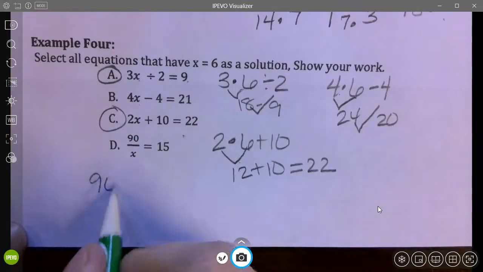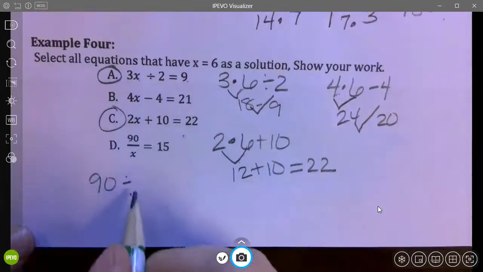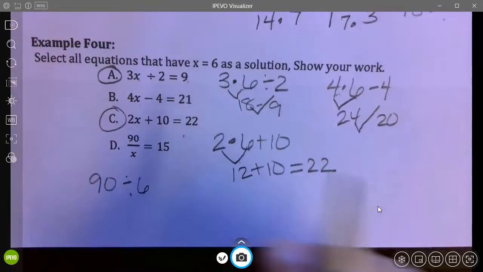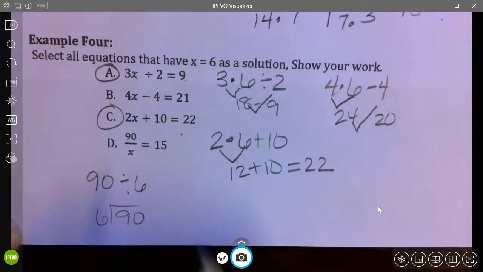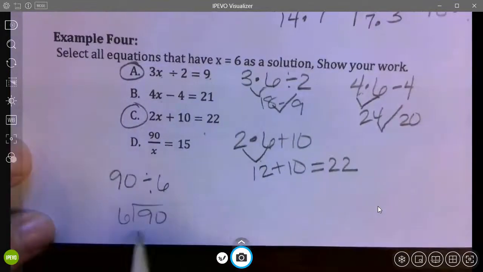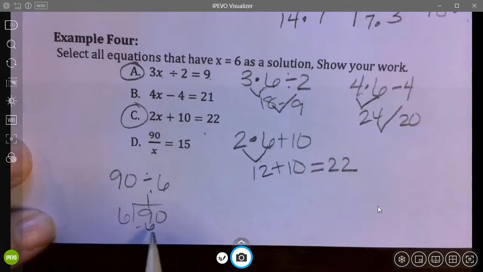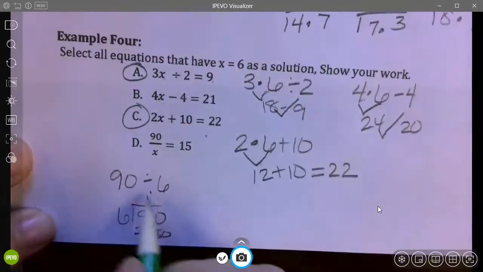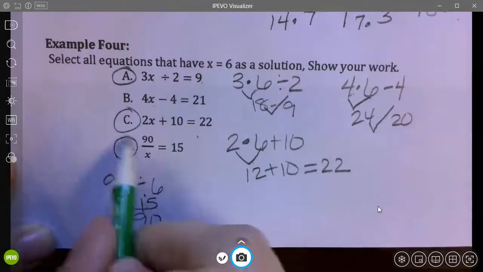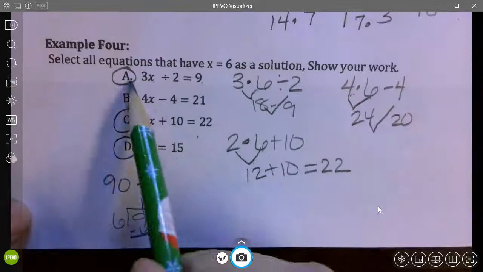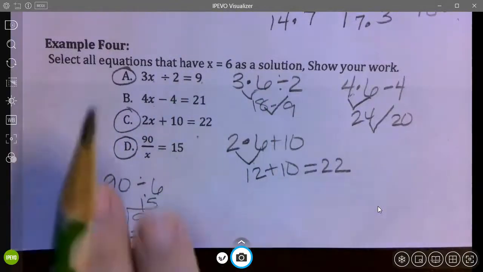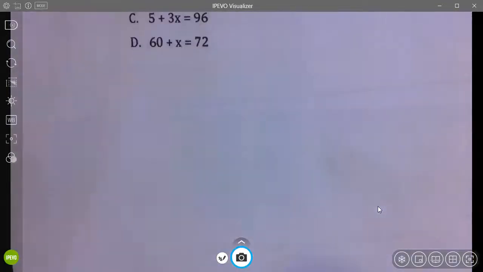And then here I have 90 divided by 6, which I could have written like this as well, 6 goes into 9 once, 3 brings down, so 15. And does it equal 15? Yes. So here I had 3 equations that 6 was the solution. All right, remember, always check all of your solutions.